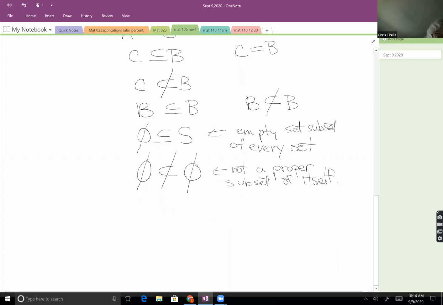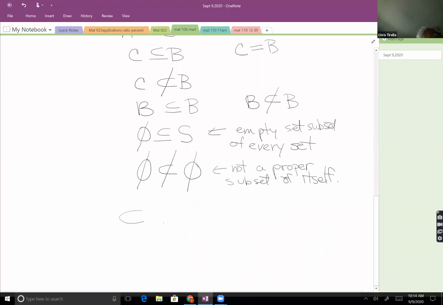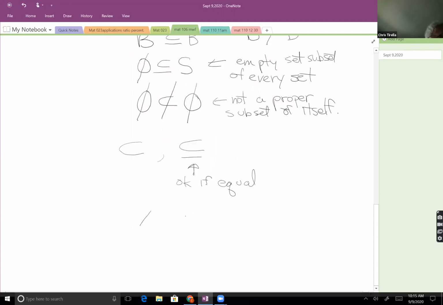When I look at these symbols, subset and proper subset, this one's got the equal sign. It's okay if it's equal. It very much reminds me of the relationship between strictly less than, or equal to.